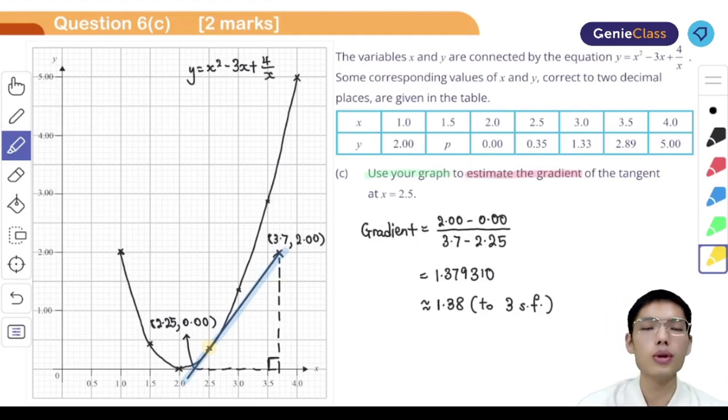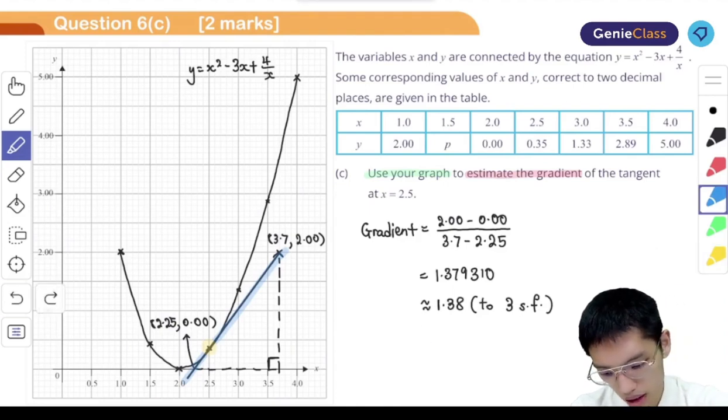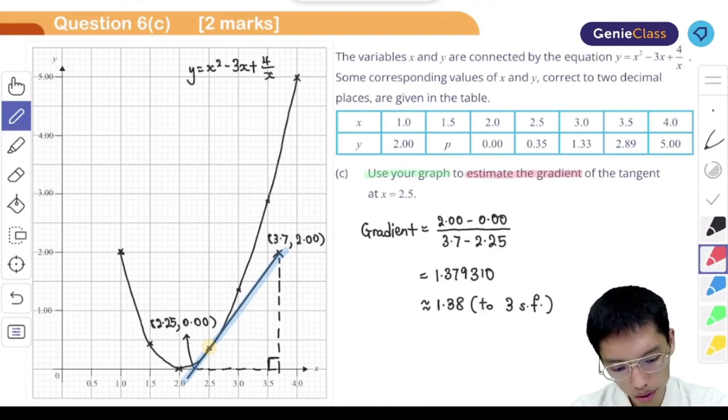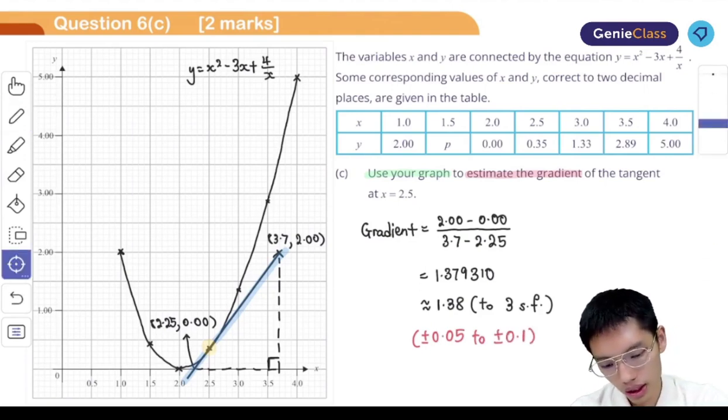From here, of course, when you estimate, there might be some parallax error, but it shouldn't be too far. Your answer can deviate a bit, usually by plus minus 0.05 to plus minus 0.1, because of reading your values here.